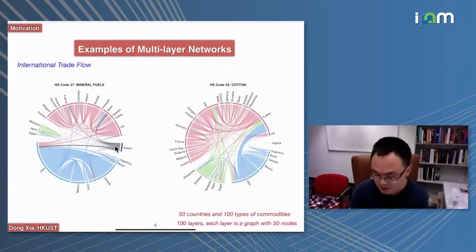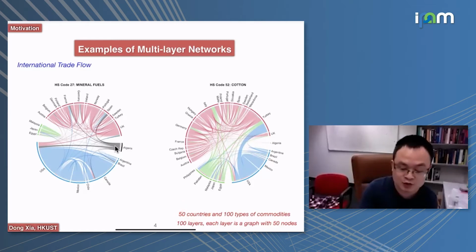Every vertex is a country, and every layer corresponds to the trading flows of one commodity. There are 100 different types of commodities. In other words, in this data set, we have 100 layers of networks, and every network is about the trading flows between 50 countries.